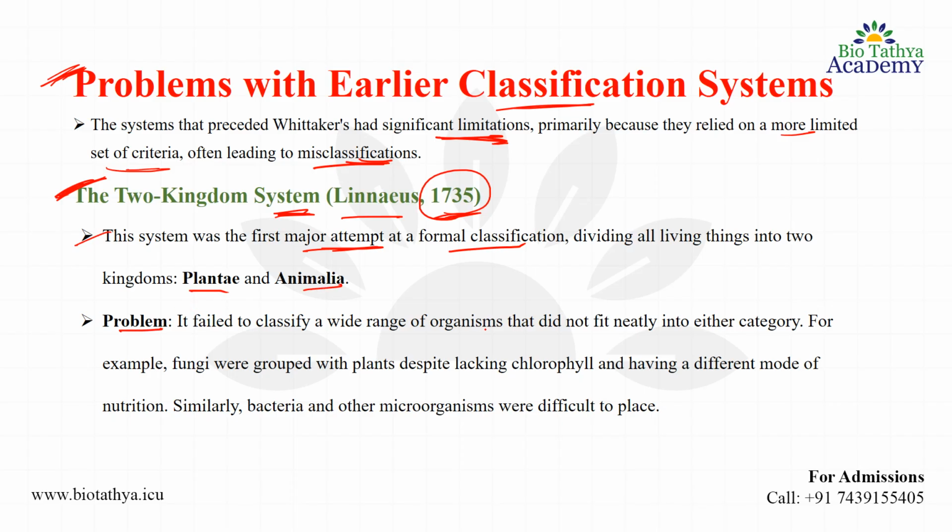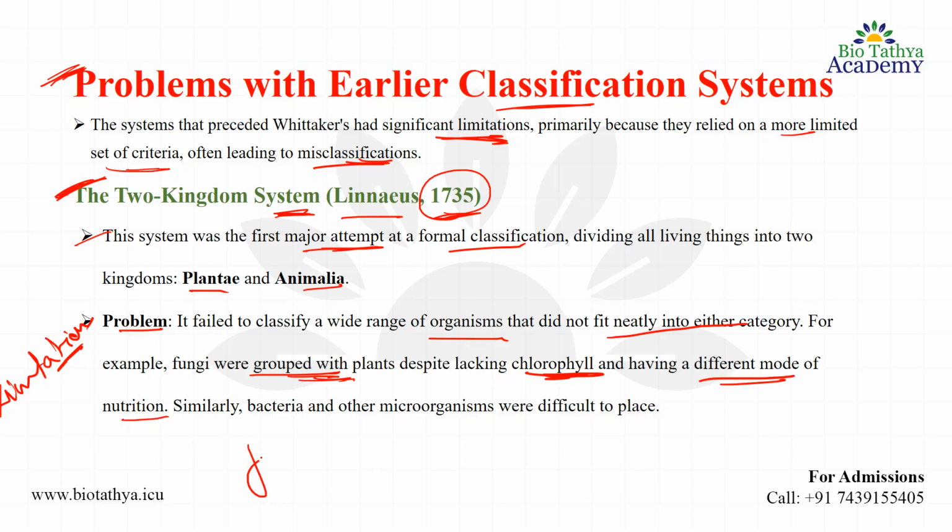What was the limitation? You can call it the limitation or the problem. It failed to classify a wide range of organisms that did not fit neatly into either category. For example, fungi were grouped with plants, despite fungi lacking chlorophyll and having a different mode of nutrition.